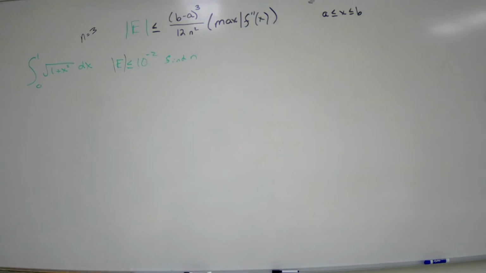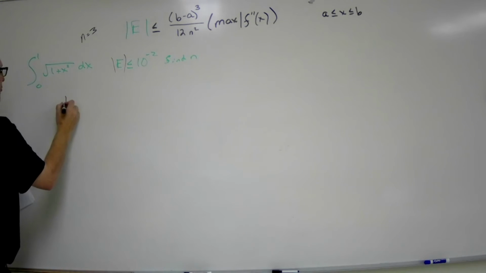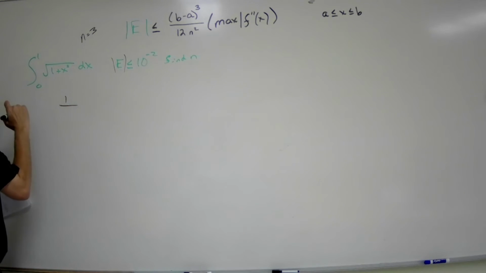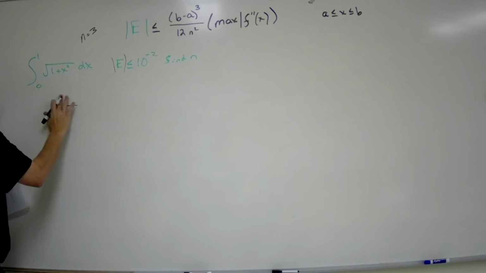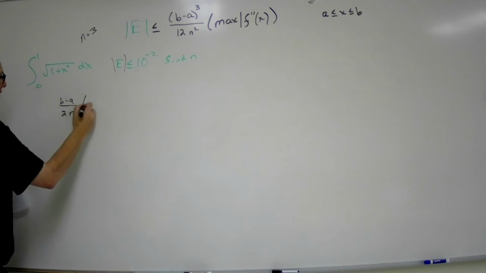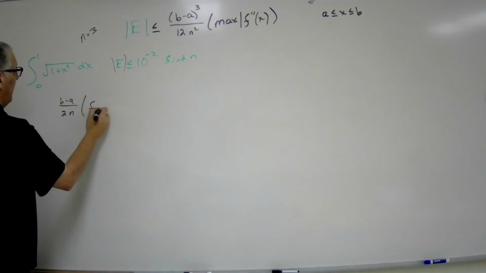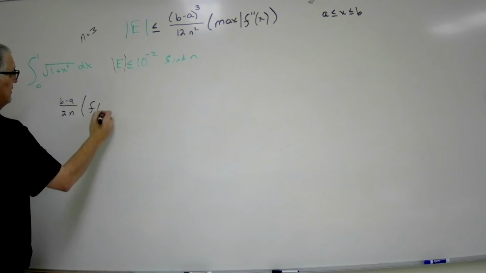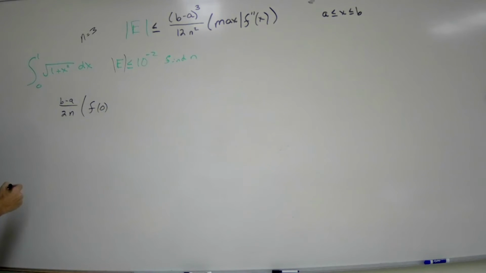All right. So now we're doing the trapezoid rule. 1 over, what was that? What was it? B minus A over 2n times f of 0. So my delta x is what? My delta x is 1/3.